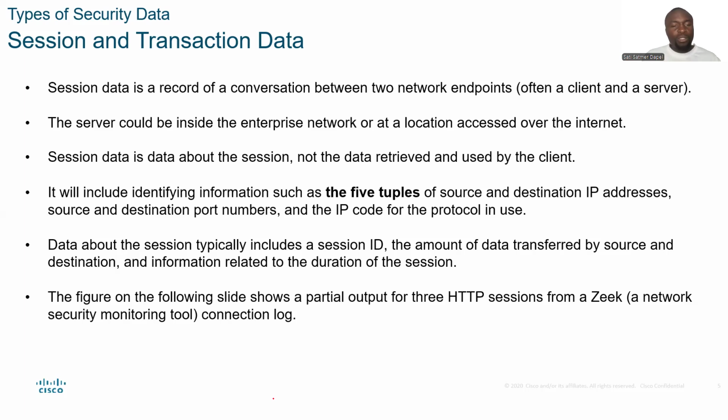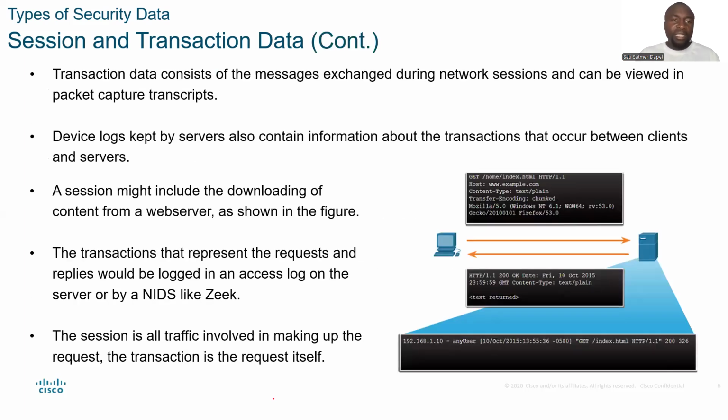So data about the session typically includes the session ID that we talked about. The transaction data consists of the text of the messages exchanged during the session, especially when you are doing your packet captures.